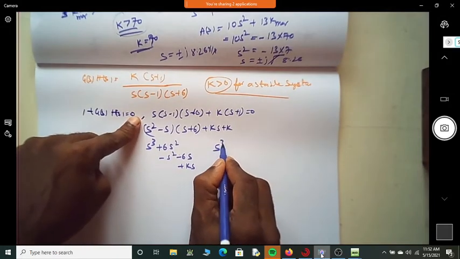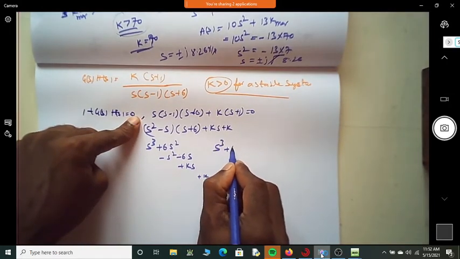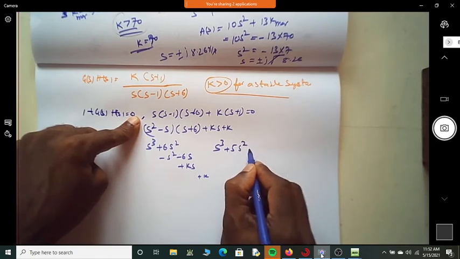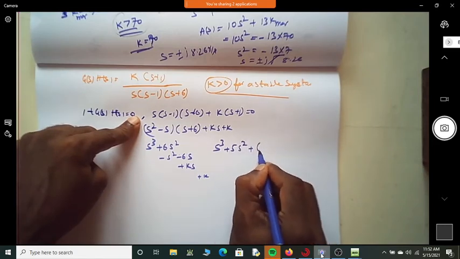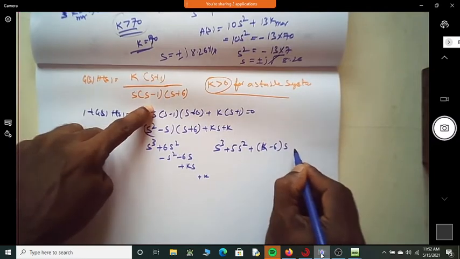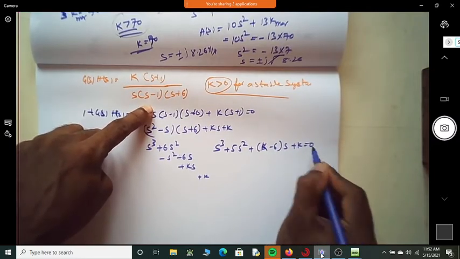So I end up with s cube plus 5s squared plus (K minus 6)s plus K equal to 0.